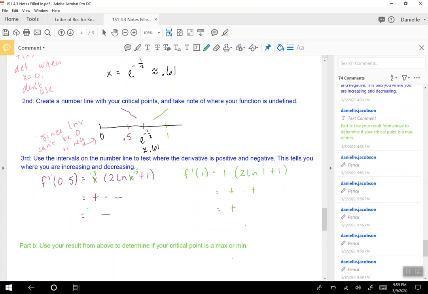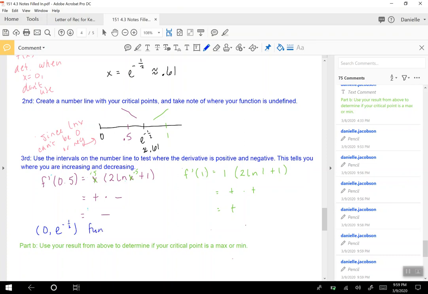Now this allows us to figure out on what intervals we're increasing and decreasing. So I'll write my final answer. From 0 to e to the negative 1/2, I know the function is decreasing, and that's because my derivative is negative in that part.